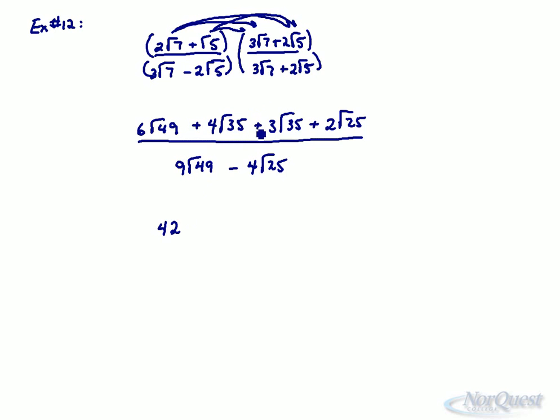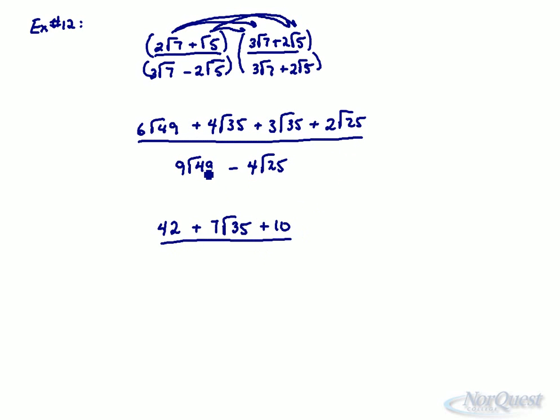Just like you collected like terms when you FOILed in polynomials, you should be able to get some like terms when you FOIL with radicals. So 4 plus 3 will give me 7 root 35. The square root of 25 can be simplified further to be 5 times 2, which is 10.